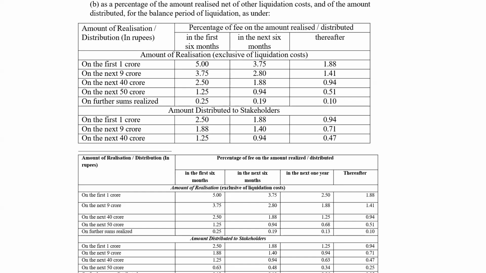Sir, on the first 1 crore, 5%, and on the next 4 crores, 3.75%. हाँ। और ये पूरा का पूरा आपको मिल जाएगा या इसमें भी आधा रियलाइजेशन पर मिलेगा, आधा डिस्ट्रीब्यूशन पर मिलेगा? Half will be in the first one, and the second amount will be distributed to stakeholders at the time of distribution.